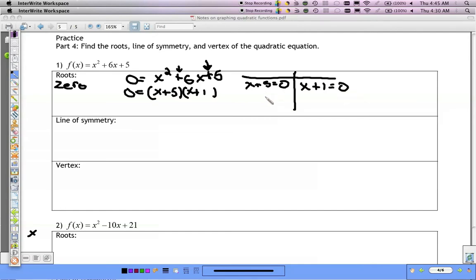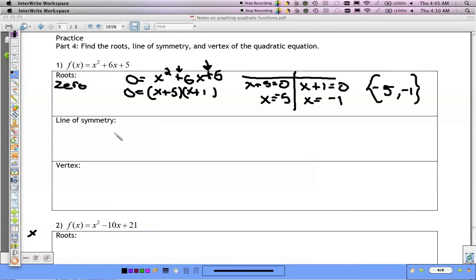Solve both of these equations, and I get x equals negative 5, and x equals negative 1. And those are my roots and the solutions to this equation. So I want to hang on to those. I'm going to use them again in a second.